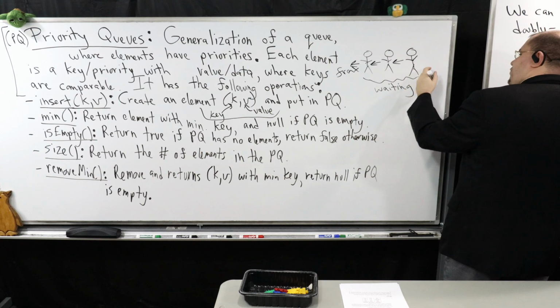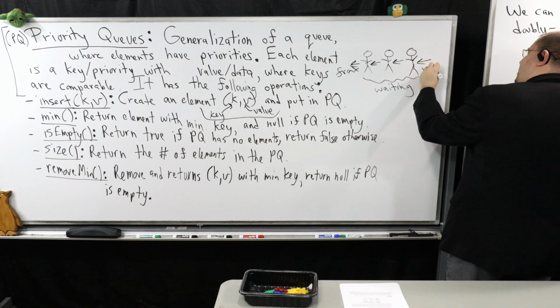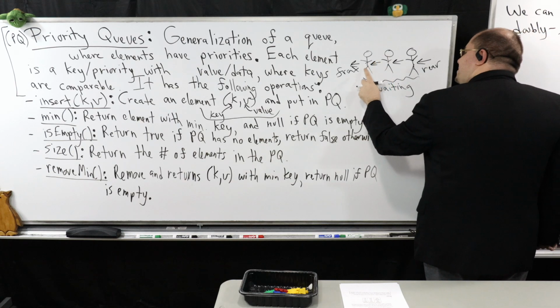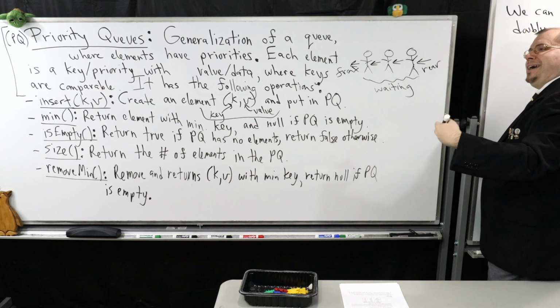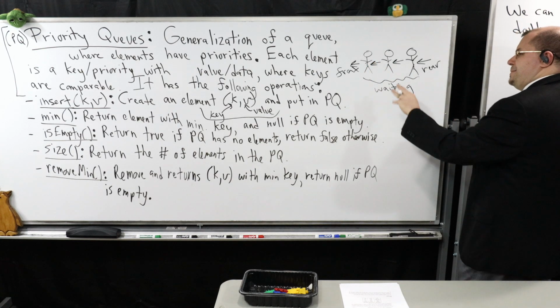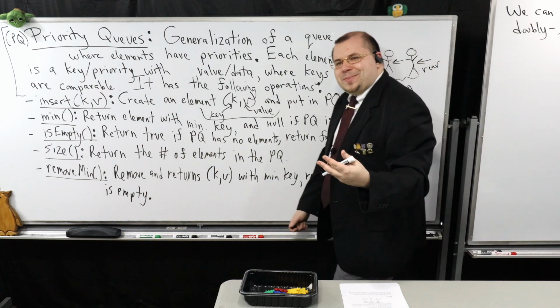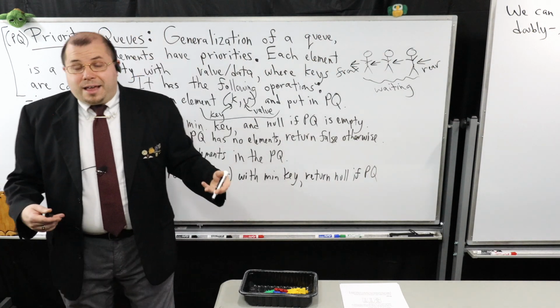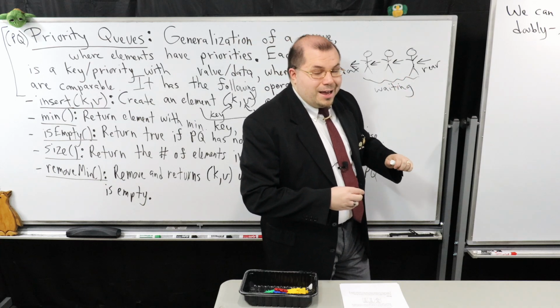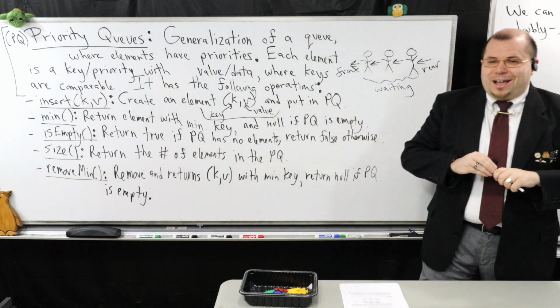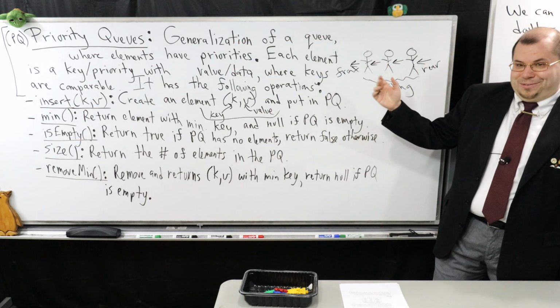The friends all enter from the rear of the line, and whenever a friend gets served their favorite drink, they leave the line. They're done. You may know of these as enqueue, to enter a line, and dequeue, to leave a line.